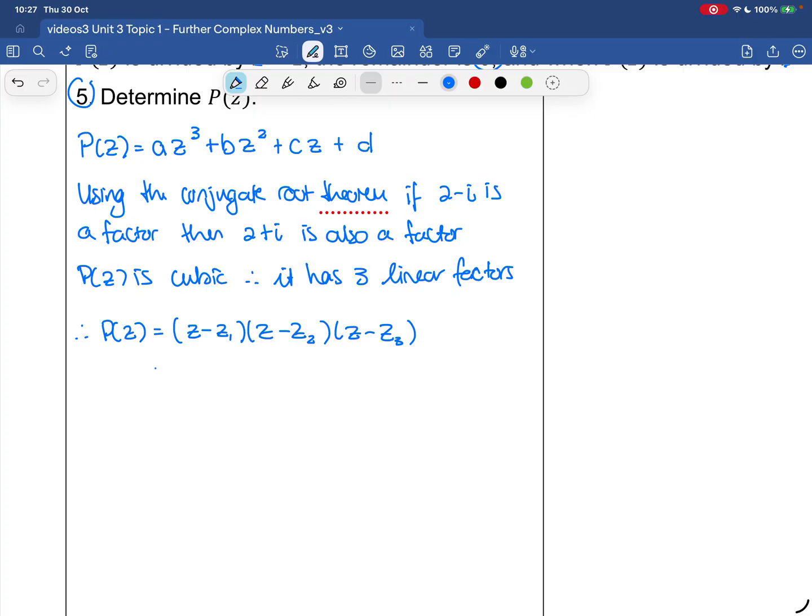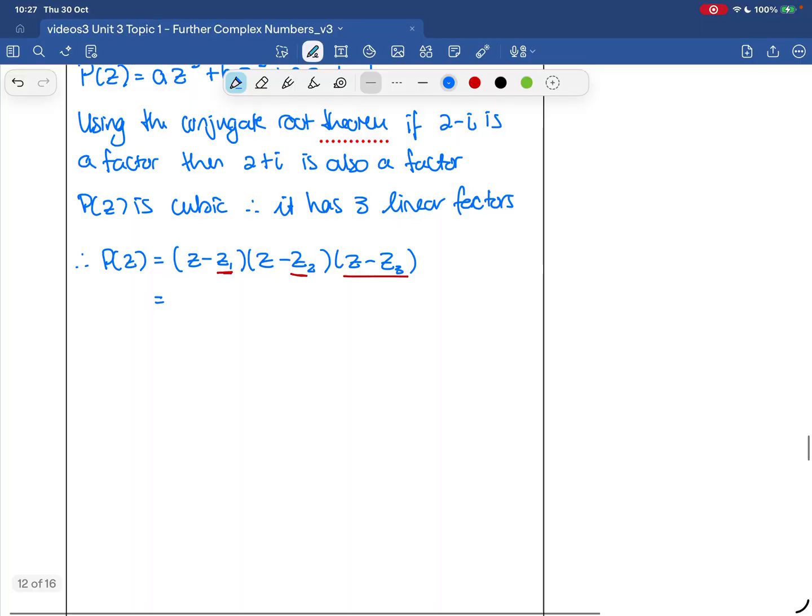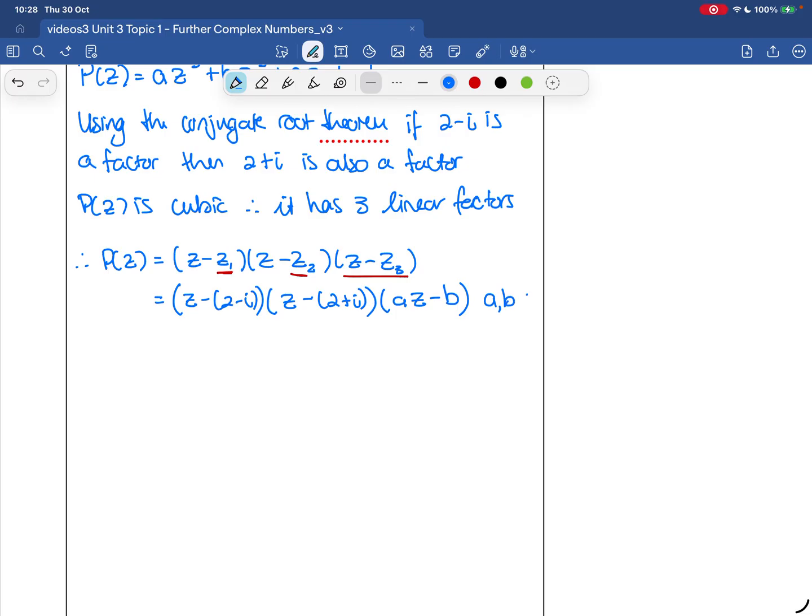And I could then write that. I know what two of these roots are. I know that that's going to be 2 plus I, and that one's going to be 2 minus I. And this is going to be some linear factor. I don't know. So I can write that as Z minus 2 minus I times Z minus 2 plus I times A Z minus B, where A and B are both real numbers.